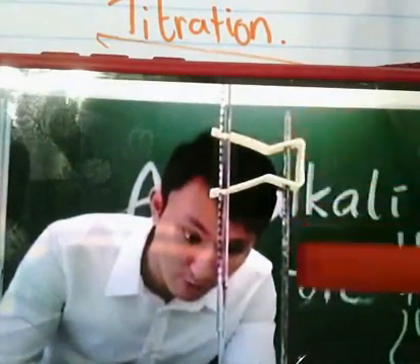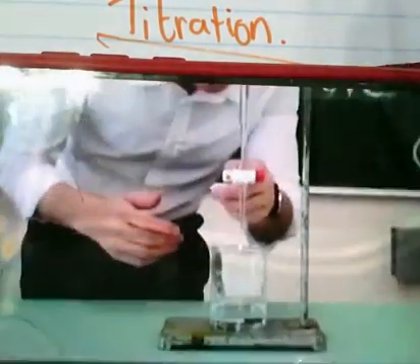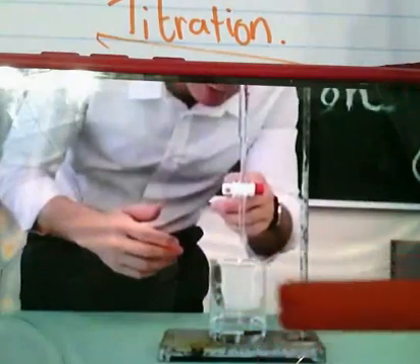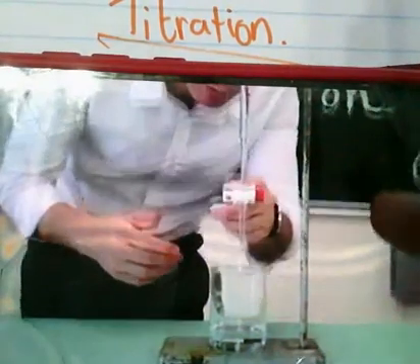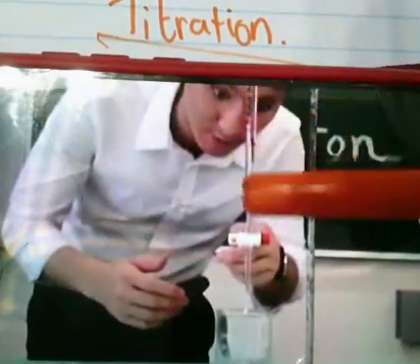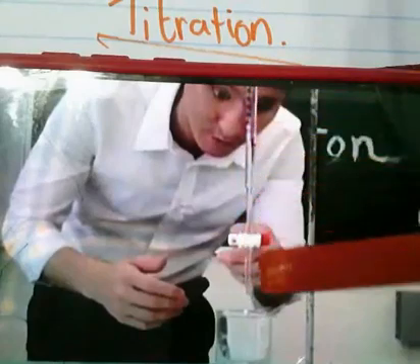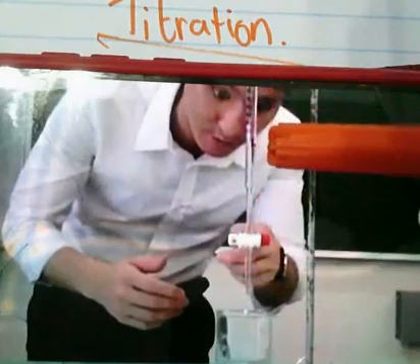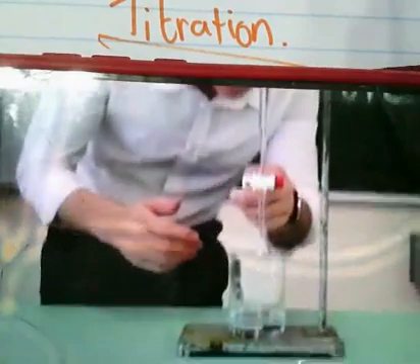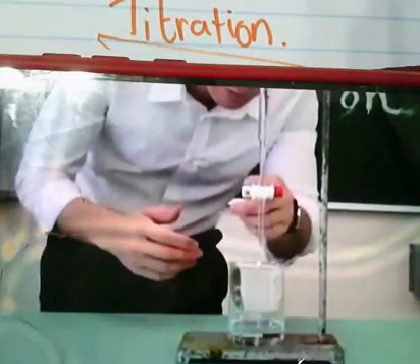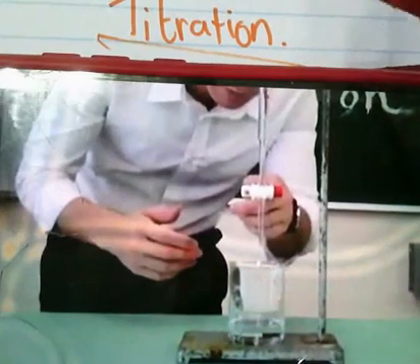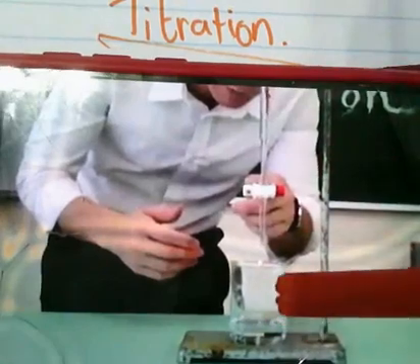I'm going to explain titration now. We would add the indicator here. And the indicator would be determined by whether it's a strong acid and a weak base, or a strong base and a weak acid. That is how we would determine what the indicator is.